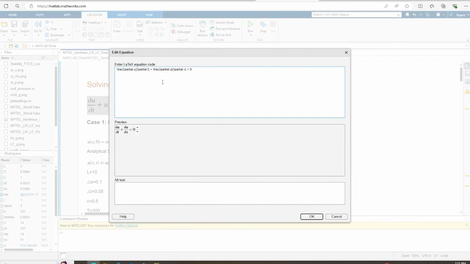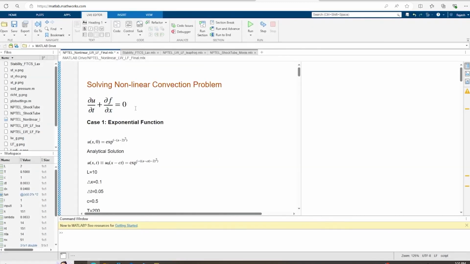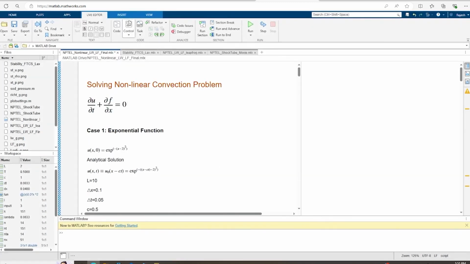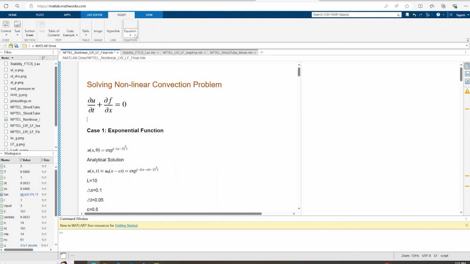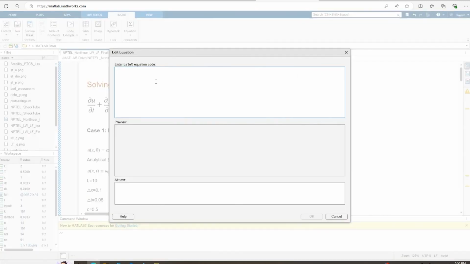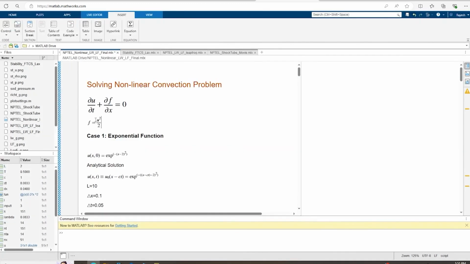Then f is equal to u square by 2. So, this is the way you can solve it. So, this is my function.